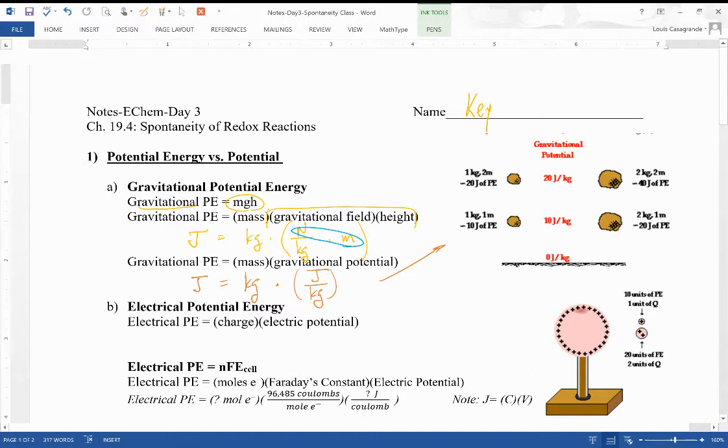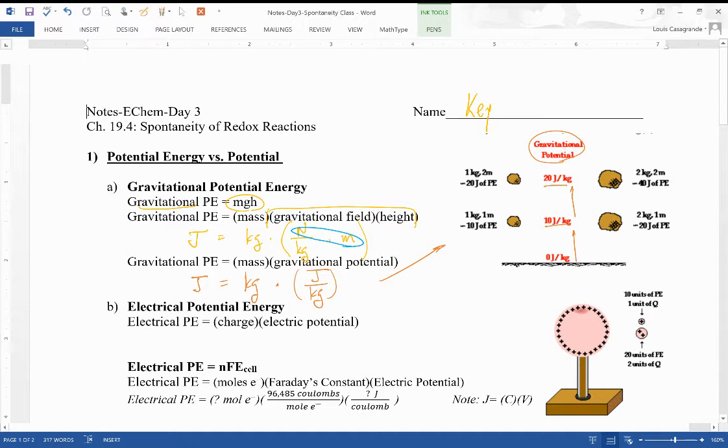Just like gravitational potential does not depend on the mass, we're going to see that the electrical potential doesn't depend on the charge, but multiplying the two is going to get us the potential energy. The gravitational potential only depends on the height from the ground for each of these rocks.